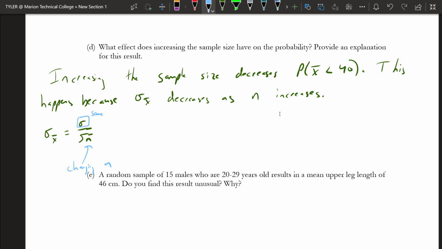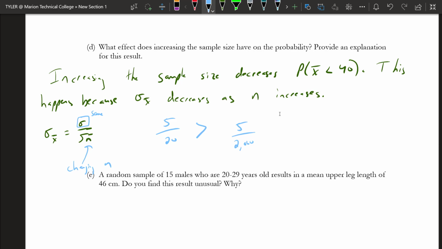As n gets bigger, you're dividing by a bigger number, which in turn makes sigma smaller, right? Because if you take 5 divided by 20 versus 5 divided by 2,000, if your numerator stays the same and your denominator gets bigger, then your overall number gets smaller. So 5 over 20 is bigger than 5 over 2,000.